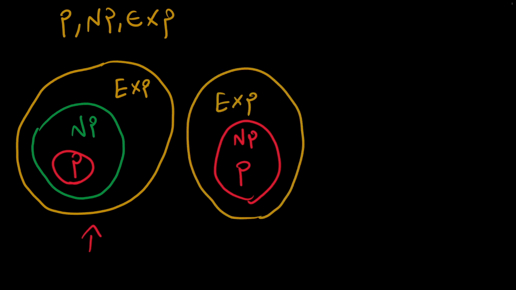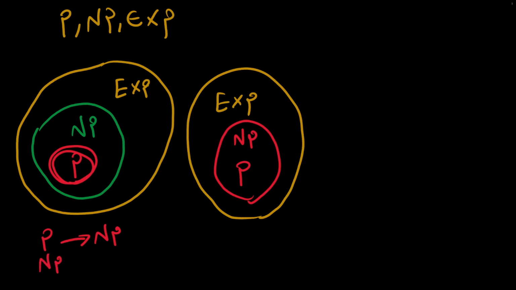So this first one is saying that if you are P, so if you are here, this means that you are NP. If you're solvable in polynomial time, that means you are also verifiable in polynomial time.